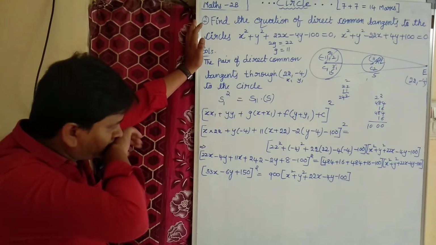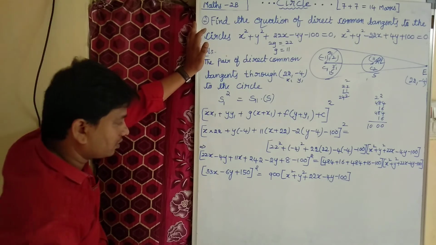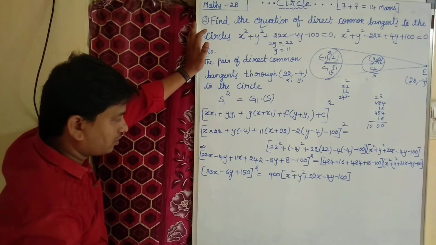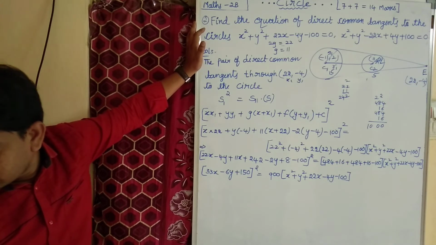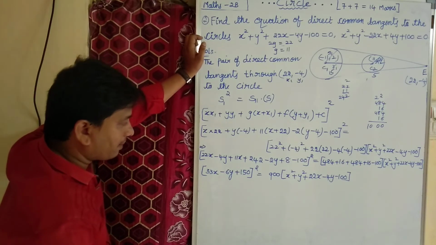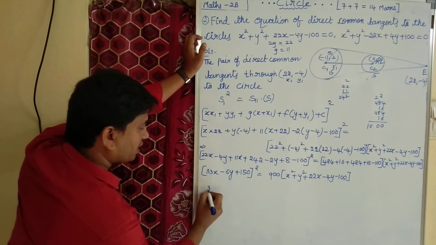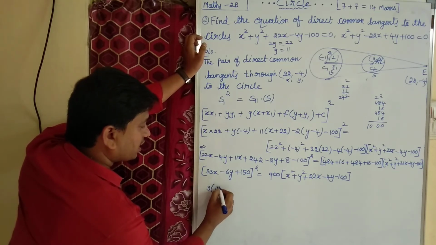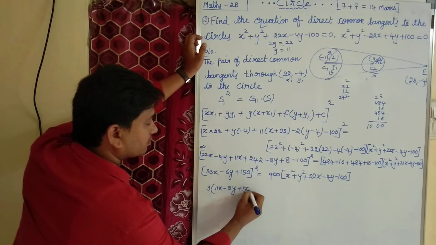Now here I can take 9 common. 33x minus 6y. So what will we take common? Let us take 3 common, because these are the multiples of 3. If I take 3 common, 3 11 is 33, 3 2 is 6, 3 50 is 150.